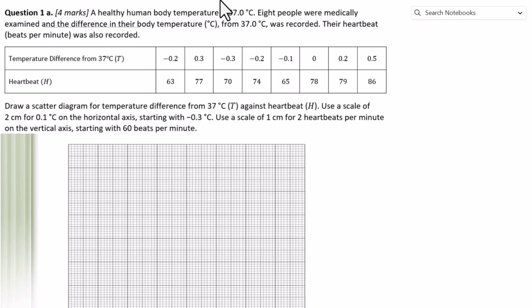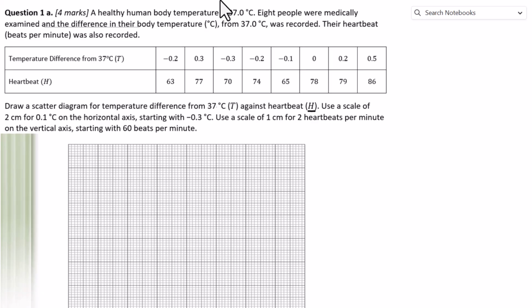Draw a scatter diagram for temperature difference from 37 degrees Celsius T against heartbeat H. Use a scale of 2 centimeters for 0.1 Celsius on the horizontal axis, starting with negative 0.3 Celsius.